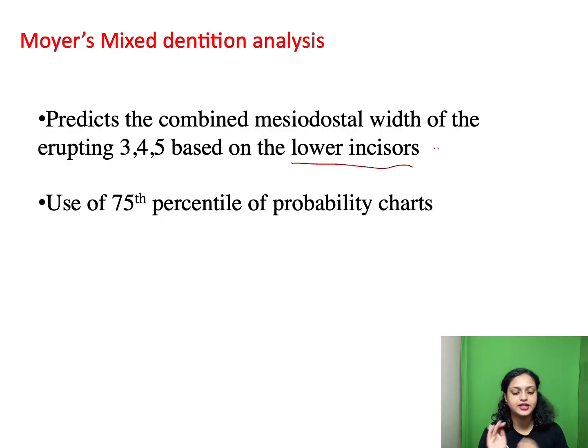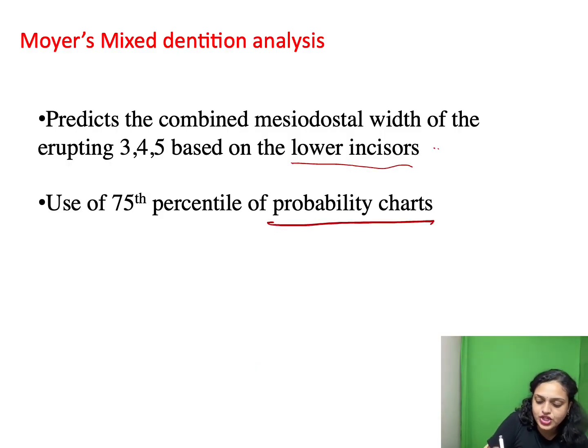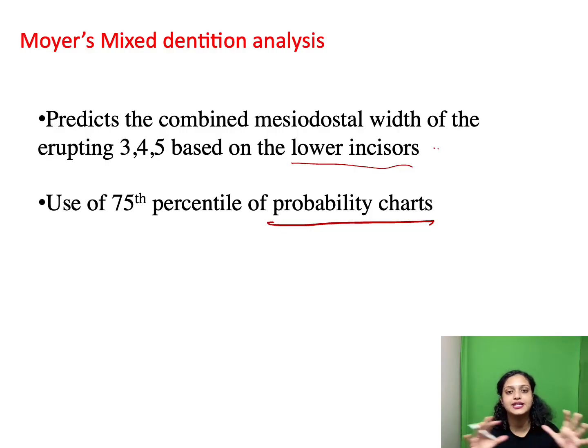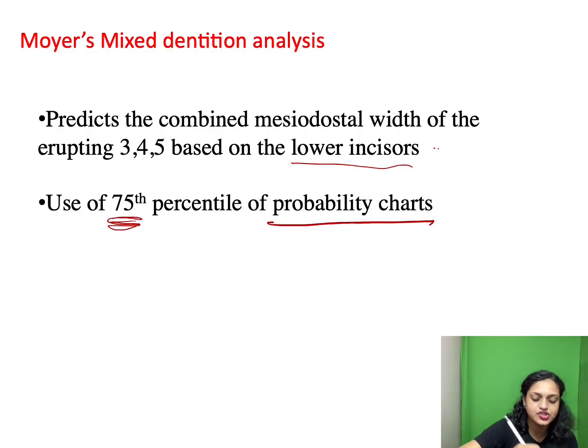So how do they predict? They use something called probability charts. They have recorded so many people's mesiodistal width of the lower incisors and the premolars, and made a statistical table. The 75th percentile is generally preferred, to rule out any abnormal shapes and to have a centered value.